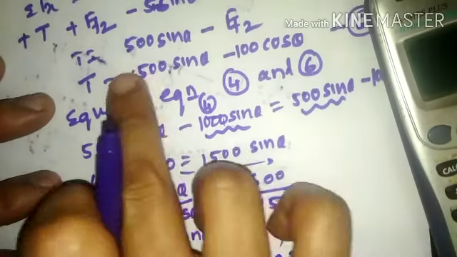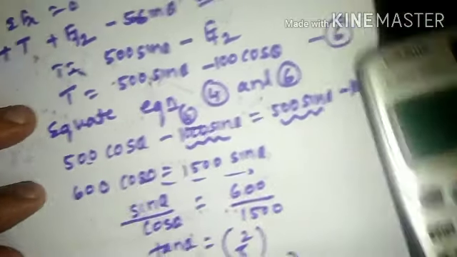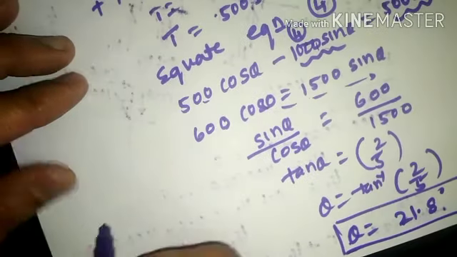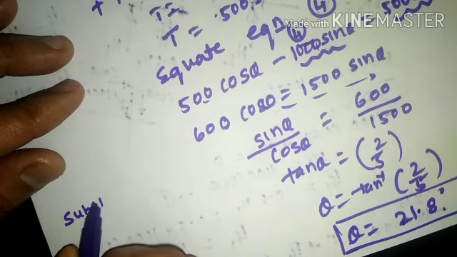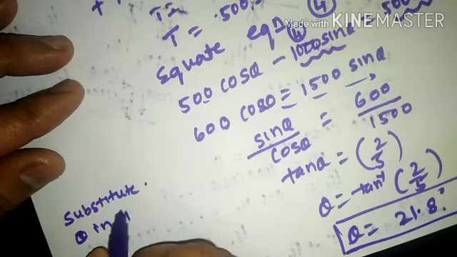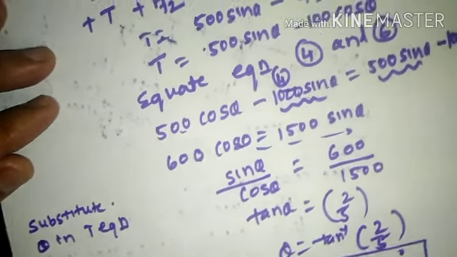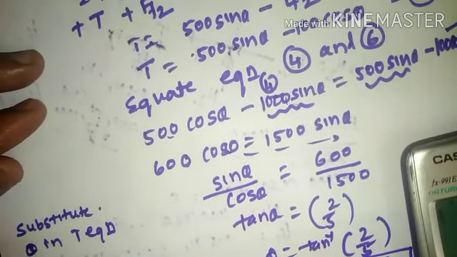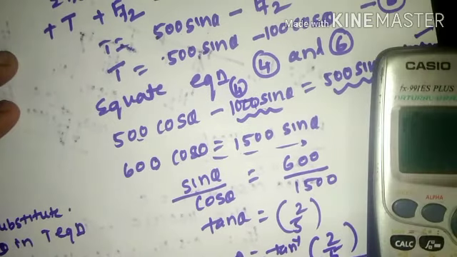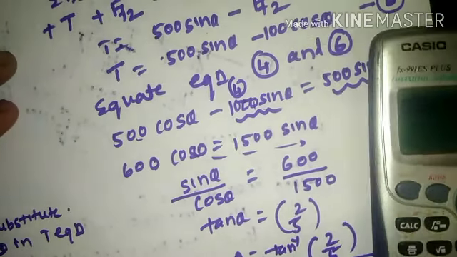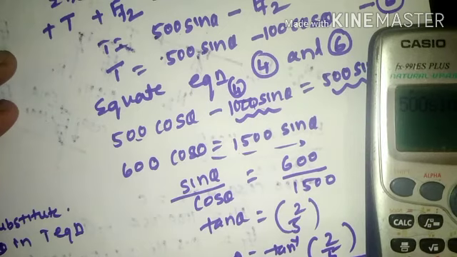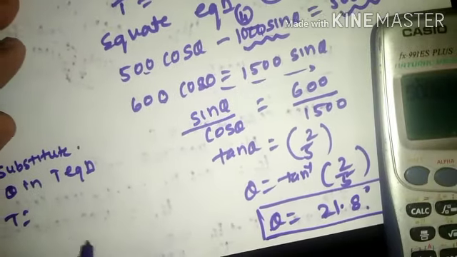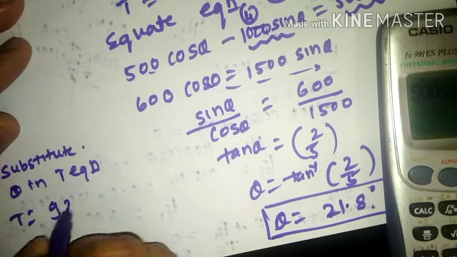If I substitute the value of 21.8 degrees for theta in the T equation, T will come out to 500 sin of 21.8 minus 100 cos of 21.8, which is 92.84 Newton.